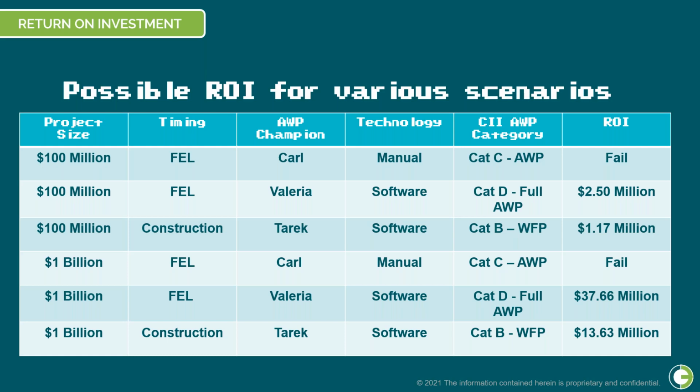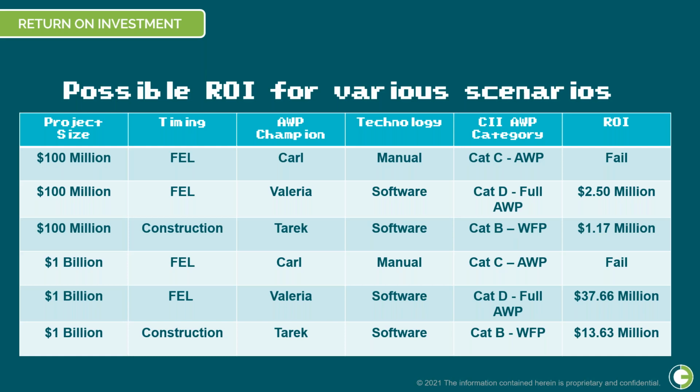We did have an option for Carl to be your AWP champion during FEL. And Carl, being old school, the natural leaning towards the technology question was going to be no. So Carl ends up having the option to implement category C, that AWP, the basic AWP, but it doesn't work because he's the wrong person to do it. He doesn't want to play nicely with others.